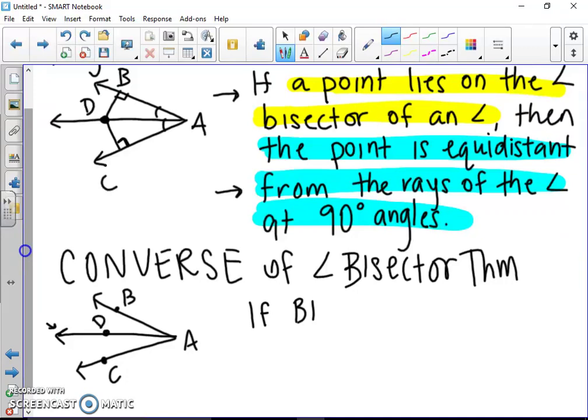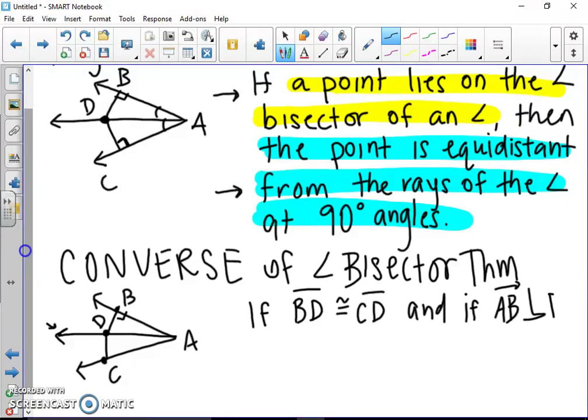If BD, so let's create a segment, if BD is congruent to CD, okay, and if AB ray is perpendicular to DB or BD, and AC ray is perpendicular to CD segment.